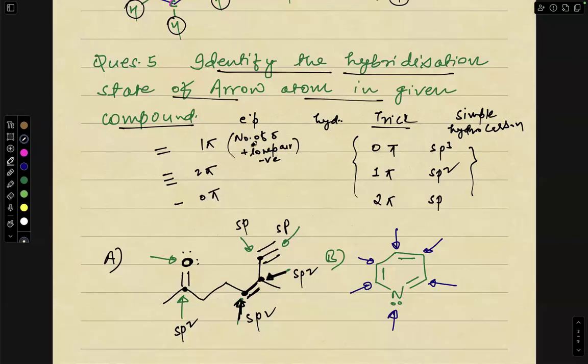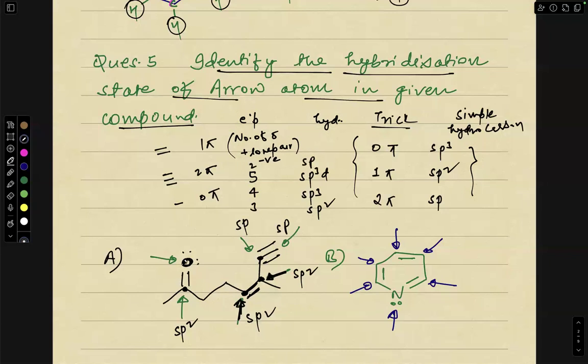So whenever the total number of electron pair is 5, then it would be sp3d. When 4, it would be sp3. 3 sp2, and whenever 2, that would be sp.